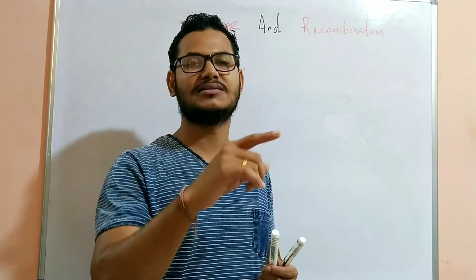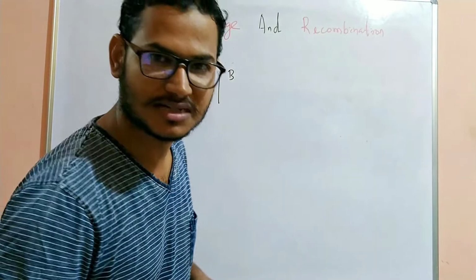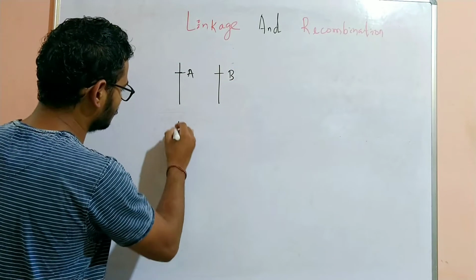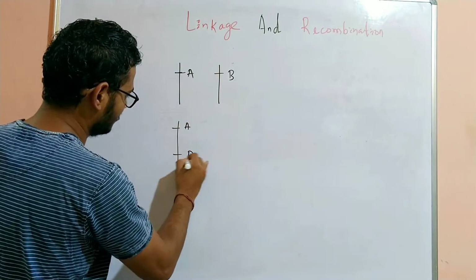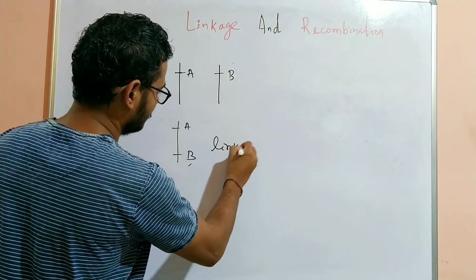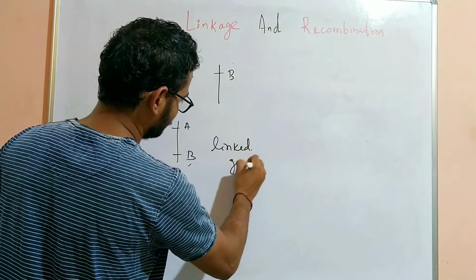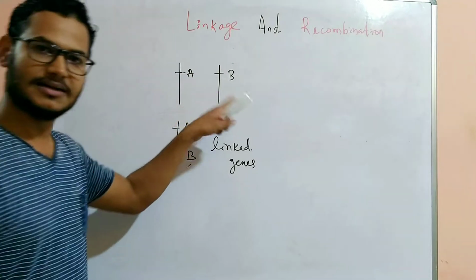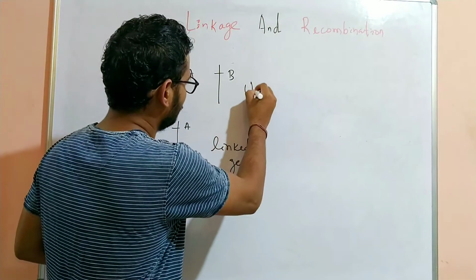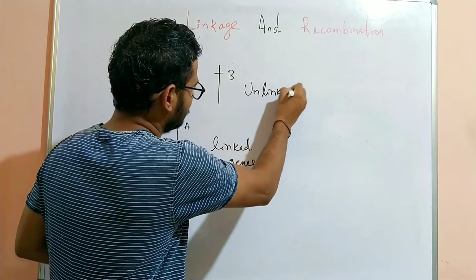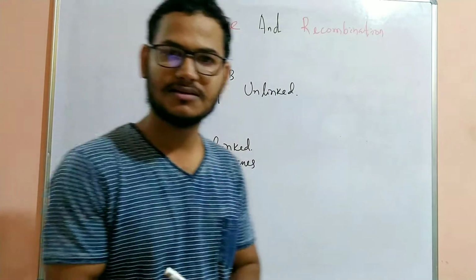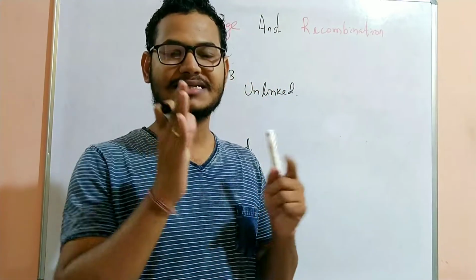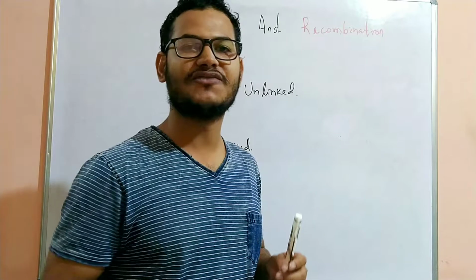And when they are found in the same chromosome, they are called linked genes, and when they are in different chromosomes, they are called unlinked genes. Okay, clear? So remember, distance is an important factor.